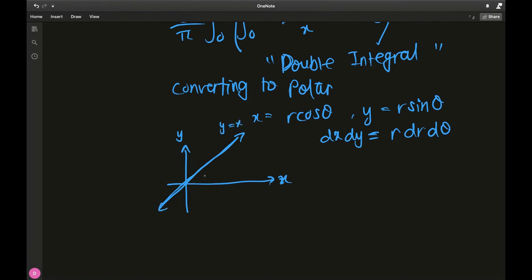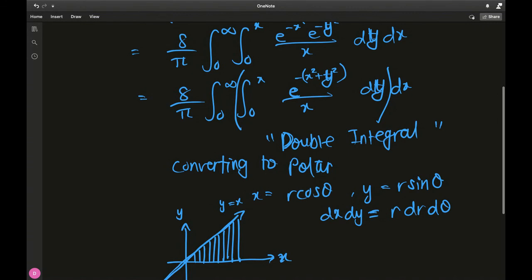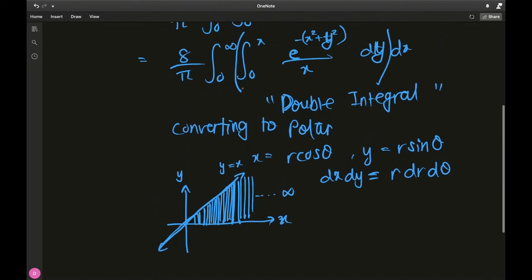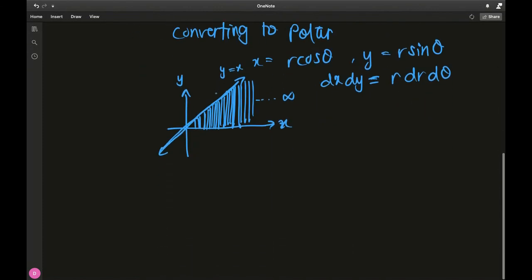So y going from 0 to x is basically this region over here. And how is x varying? Well, x is going from 0 to infinity. So this process of tracing out vertical lines like these to denote the area goes on infinitely, because x is tending to infinity, because of this outer integral.